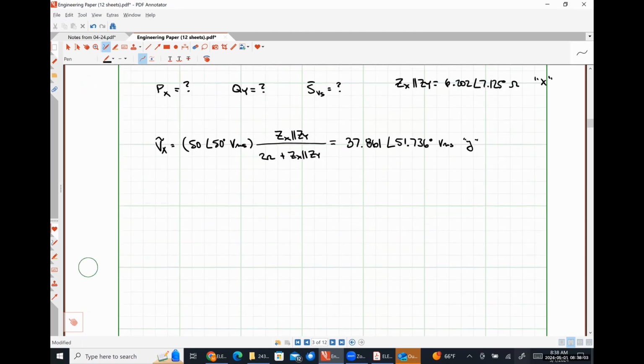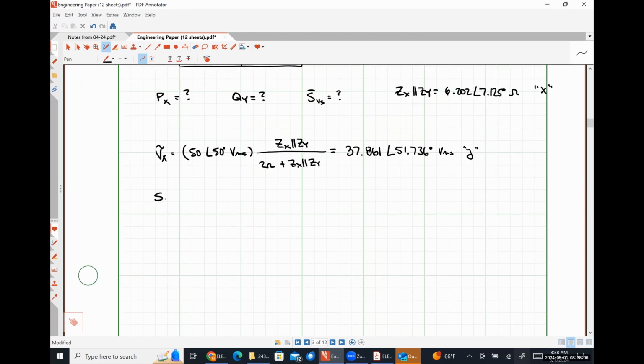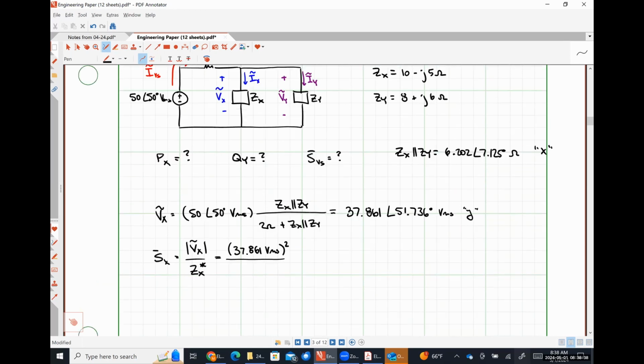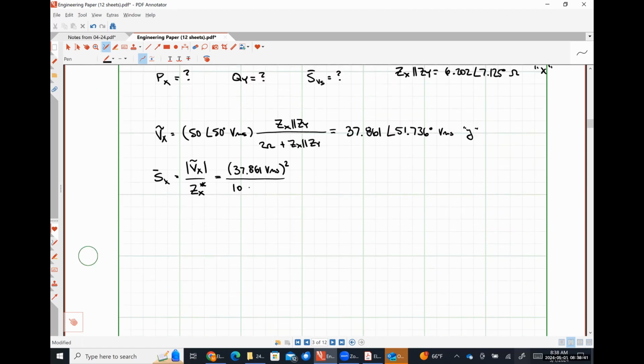All right, so the complex power absorbed by impedance ZX is nothing more than the magnitude of the voltage drop across element X, or ZX, squared, divided by the conjugate of impedance ZX. So that's going to look like 37.861 volts RMS squared divided by 10 plus J5.